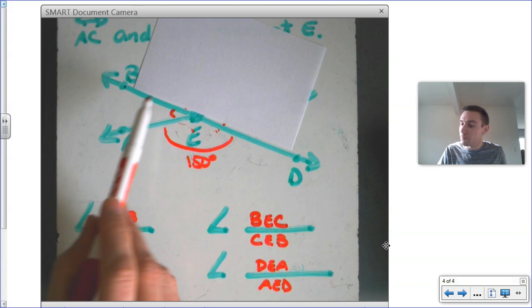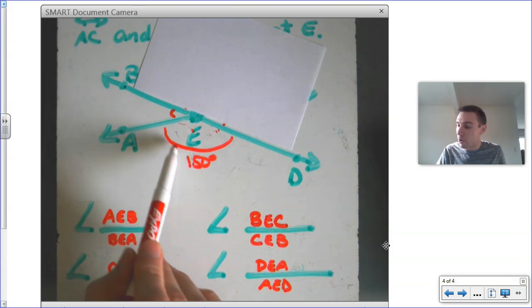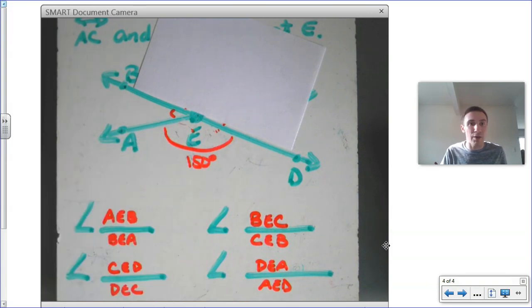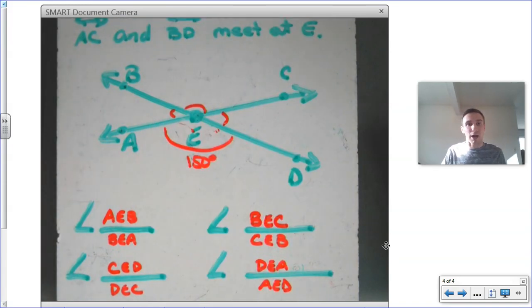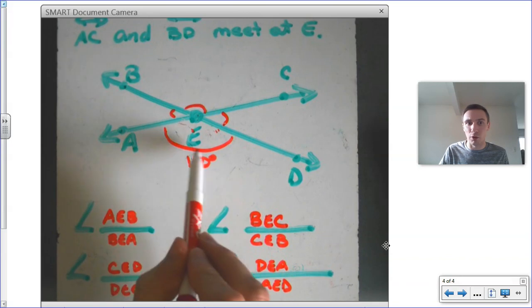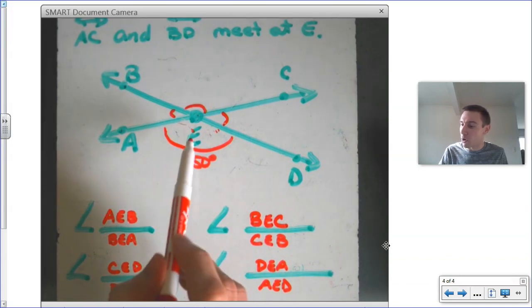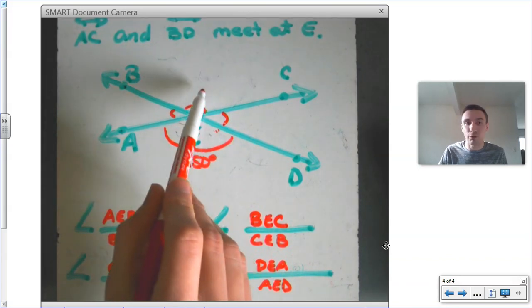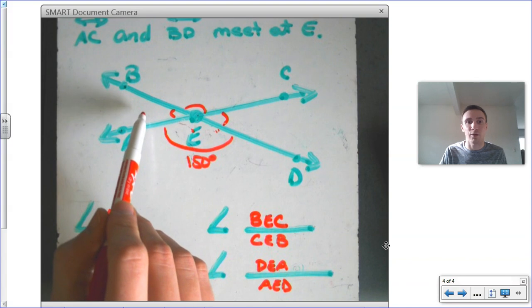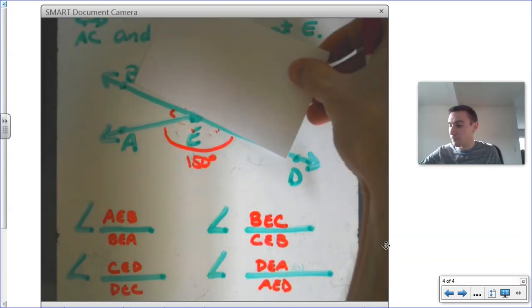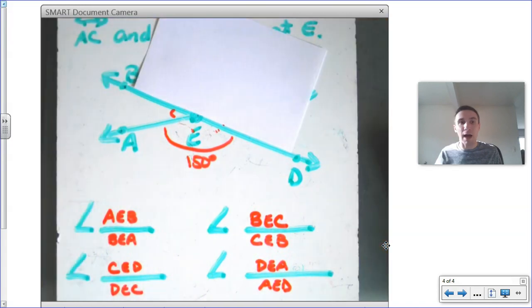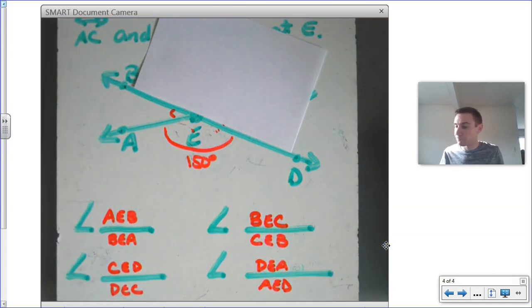So I have 150 degrees and this angle right here. And I'm going to backtrack really quick and remind us, I can't use the rule of 360 right here because I don't know what that is. I don't know what that is. And I don't know what that is. And they're not all the same. So I'm going to use BD as my line and use that information to help me.